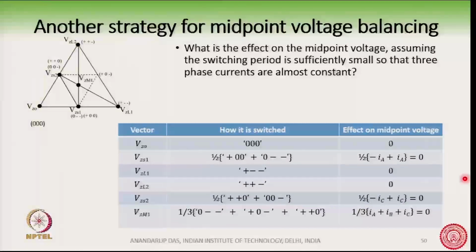Again assuming that the currents are sufficiently constant in a switching cycle, we see that if we apply VZM1 or any of these vectors, then we will never cause any fluctuation or very small fluctuation on the midpoint voltage.